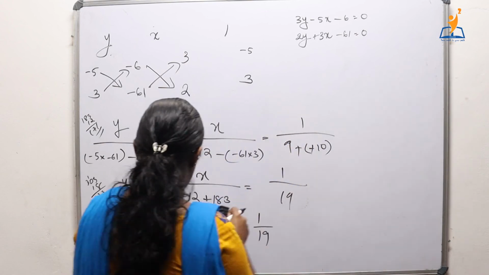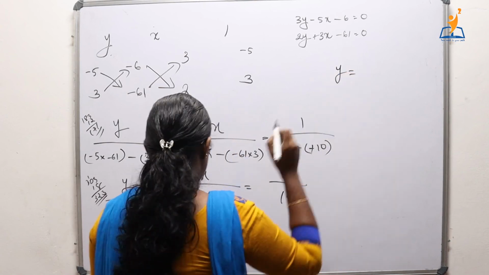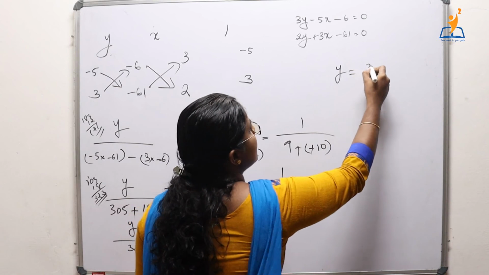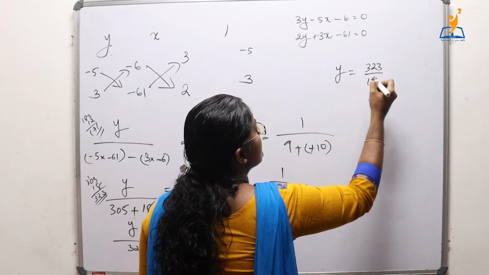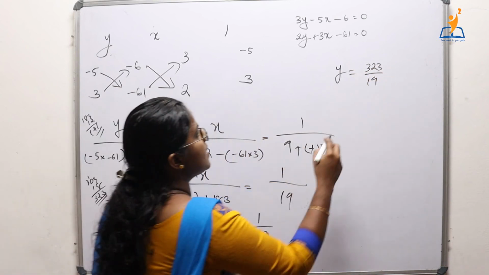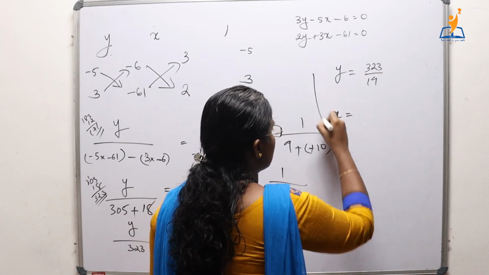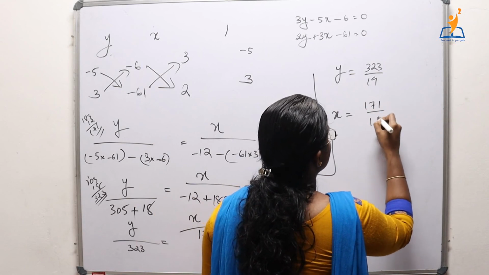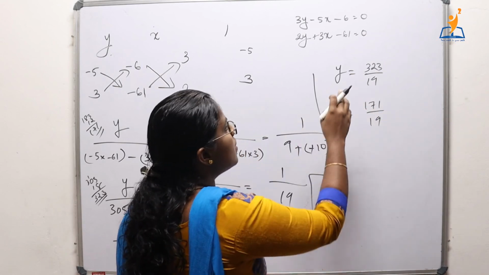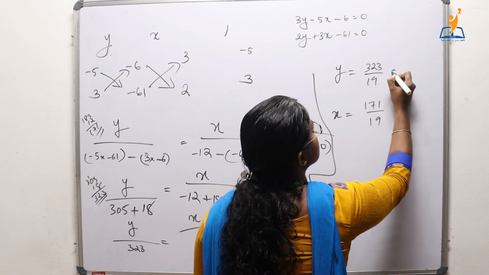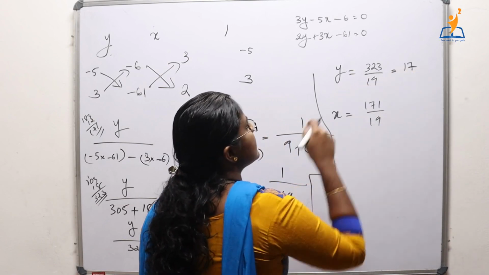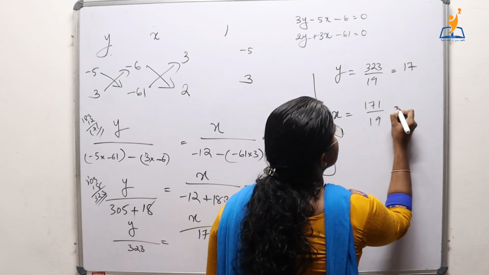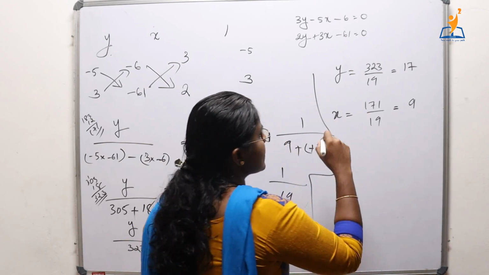So we are going to find y is equal to 323 by 19 and x is equal to 171 by 19. So 323 by 19 is simply 17, so y is equal to 17, and 171 by 19 is simply 9. So x is equal to 9.